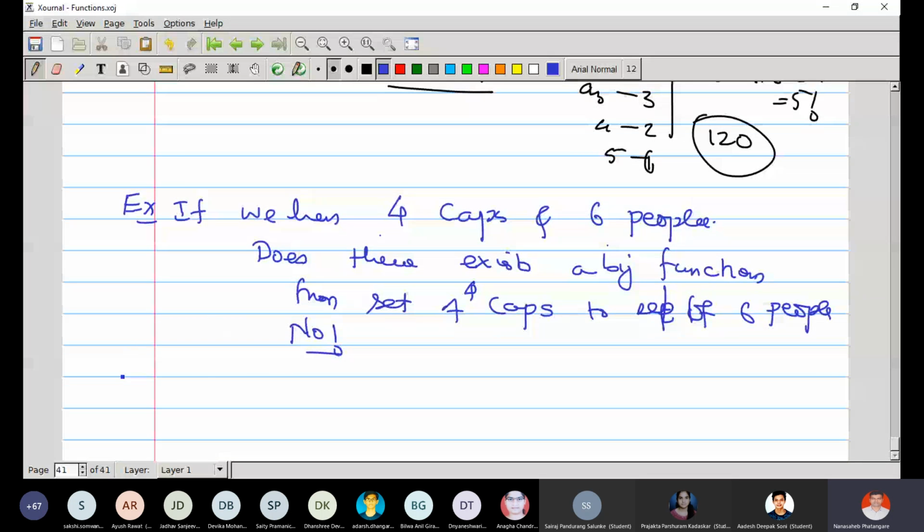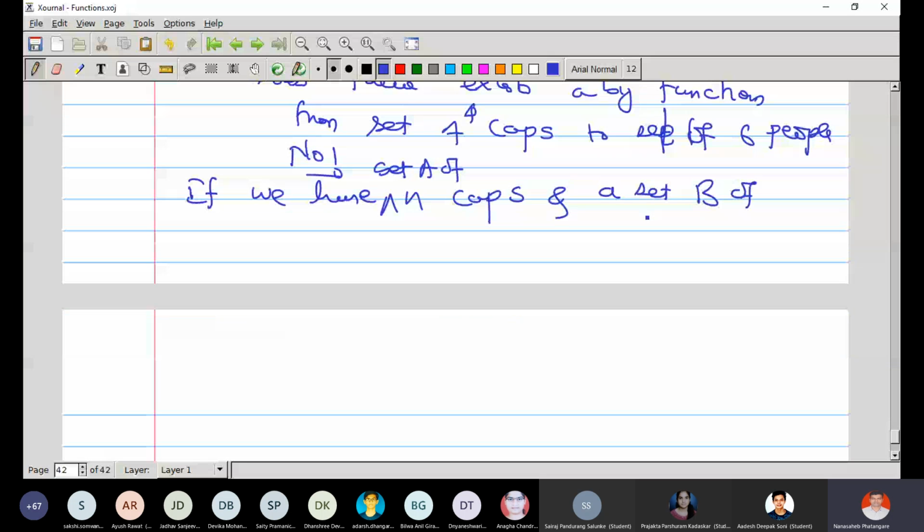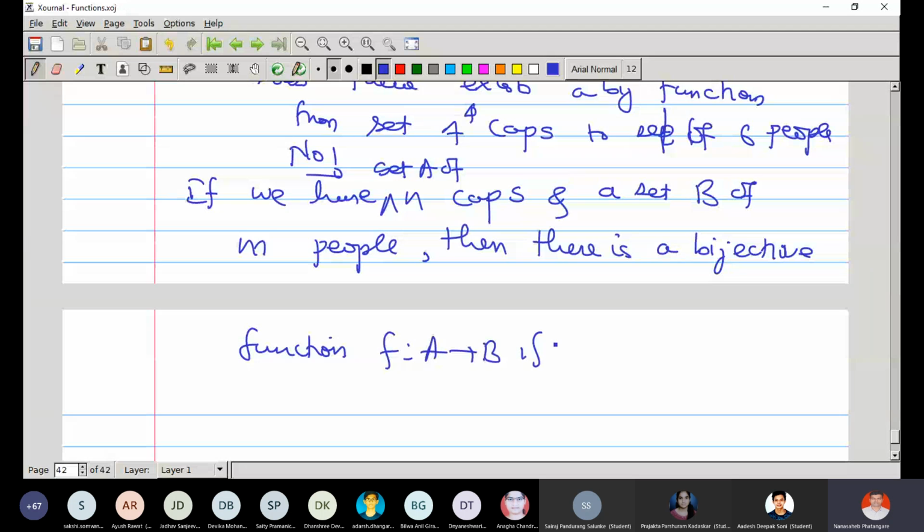So therefore, if we have a set A of n caps and a set B of m people, then there is a bijective function f from A to B if and only if what? n is equal to m.